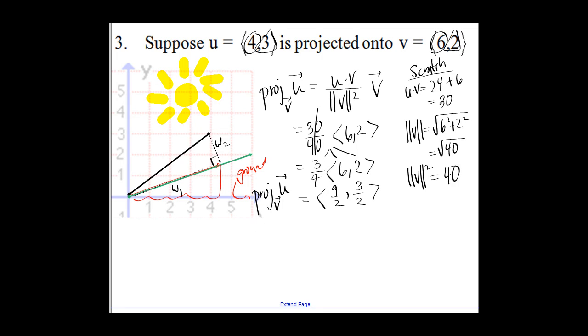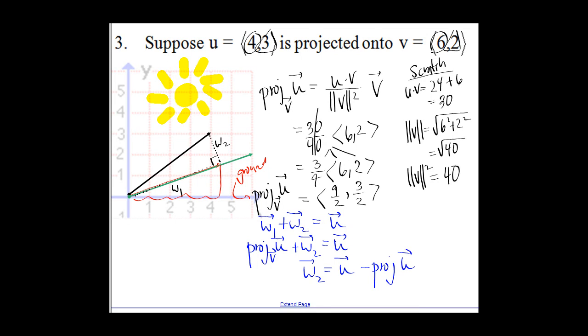We still know that w sub 1 plus w sub 2 is equal to the resultant vector. Well, w sub 1, again, is the projection of u onto v, plus w sub 2 is equal to u. Solving for w2, we get vector u minus the projection of u onto v.